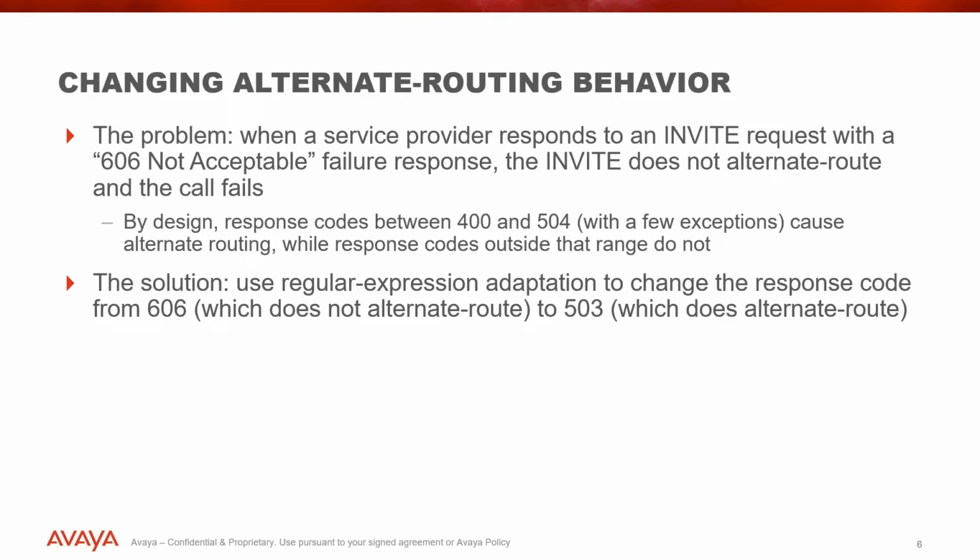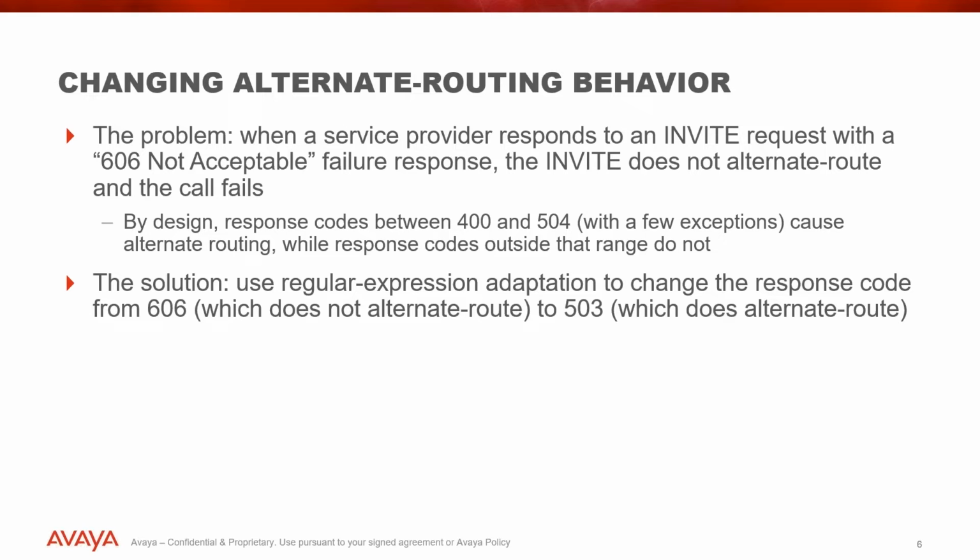The customer request was, I send an invite to a service provider, I get back a 606 not acceptable failure response, and the invite doesn't alternate route. I've set up alternate routing, but this call isn't alternate routing. And that's because there's a specific subset of all the responses that will cause alternate routing.